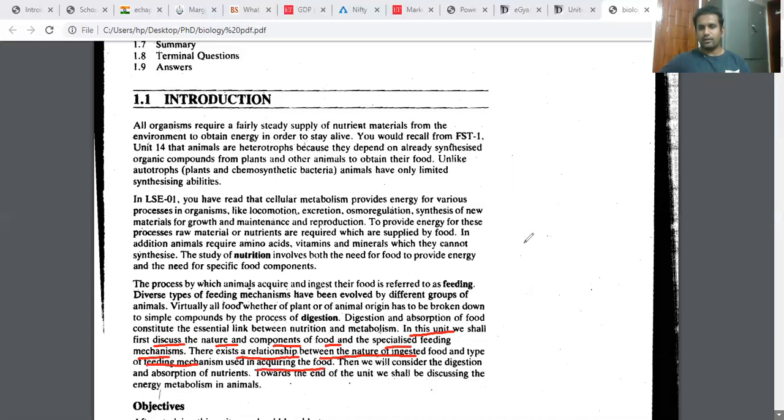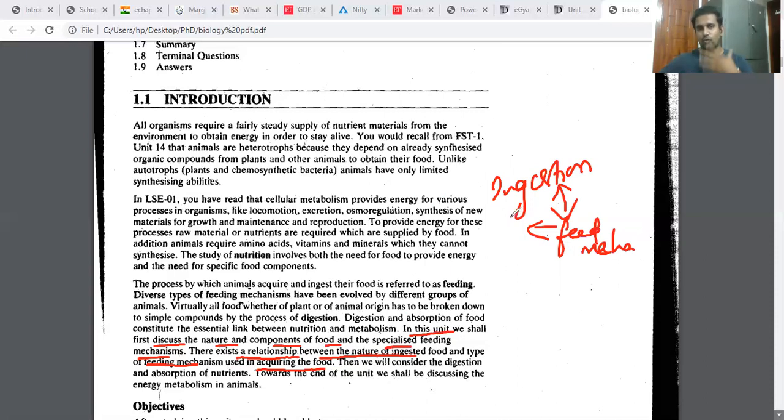Feeding mechanism means digestive system, and ingestion means taking the food inside. Organisms having an elaborate digestive system have a mouth, esophagus, stomach, small intestine and large intestine.